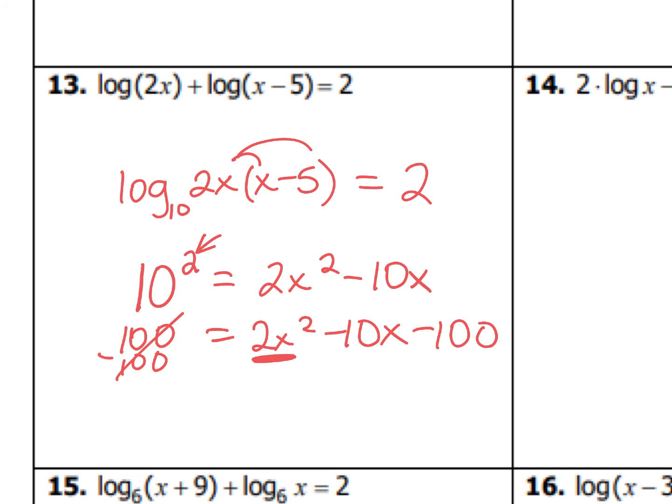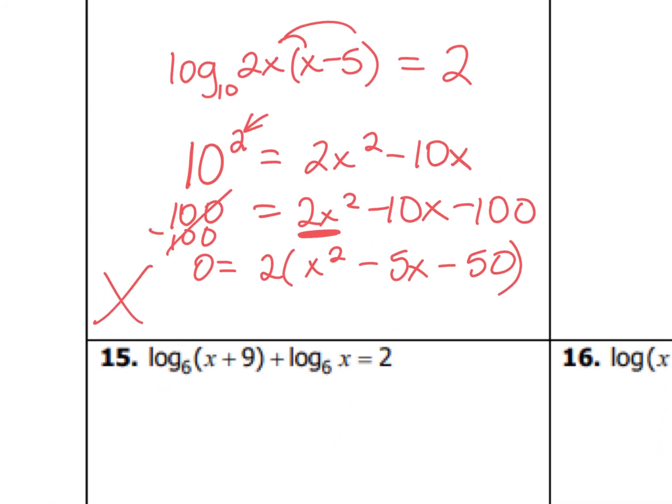Take out a 2. You're going to take out a 2? Okay. When you take out a 2, what's going to be left, TJ? x squared minus 5x minus 50. Cool. Can we factor that? Yeah. Try the X method first. What goes on top?